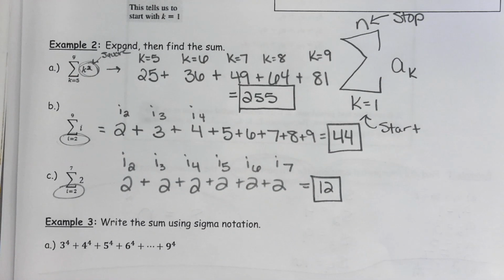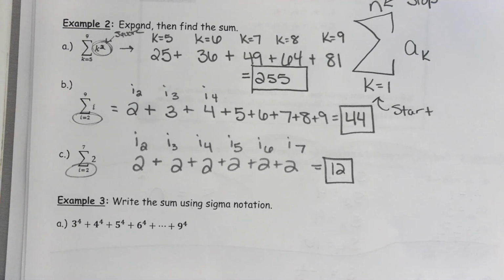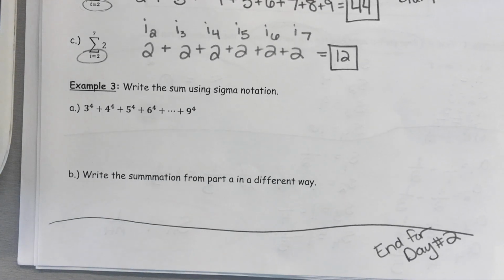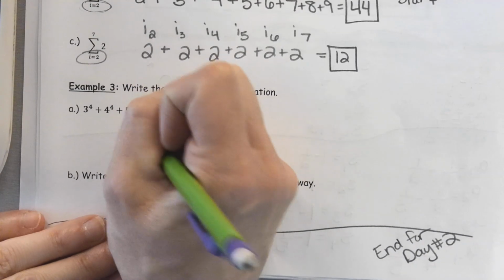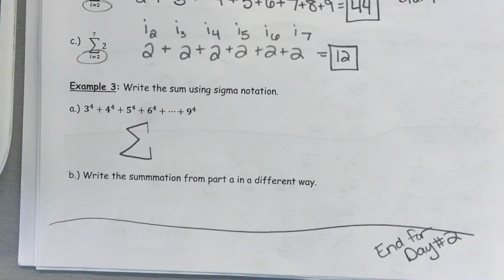All right, now we're going to work the other direction and we're going to be given the sequence and we're going to write our own sigma notation. So this is where I'm going to show you that you could have a situation where they wouldn't be just counting numbers. All right, let's draw our sigma.